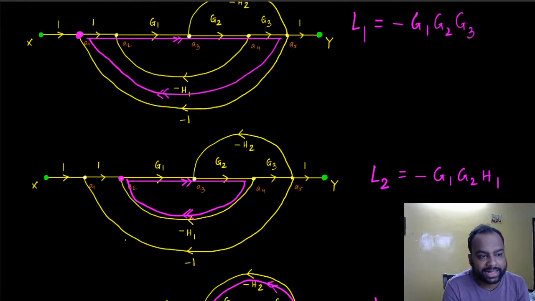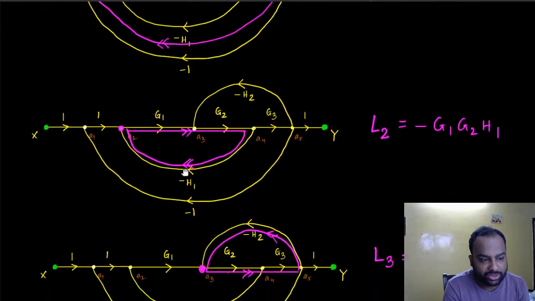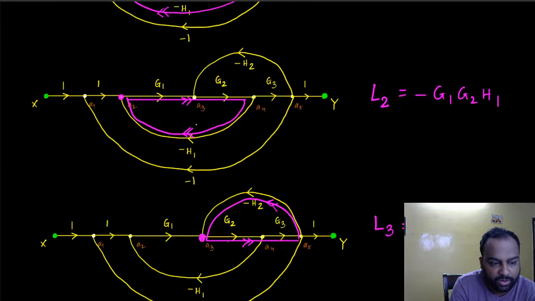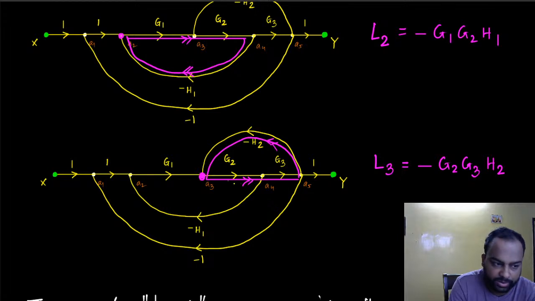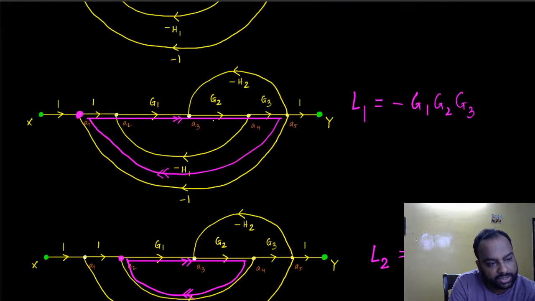Now what about L1, L3? Look at L1 and L3. If I look at L1 and L3, I can see the same problem here. For L1, I have G2, G3, these branches, which are actually shared by L3. So again, there are common branches between L1 and L3, namely this G2 branch and G3 branch.